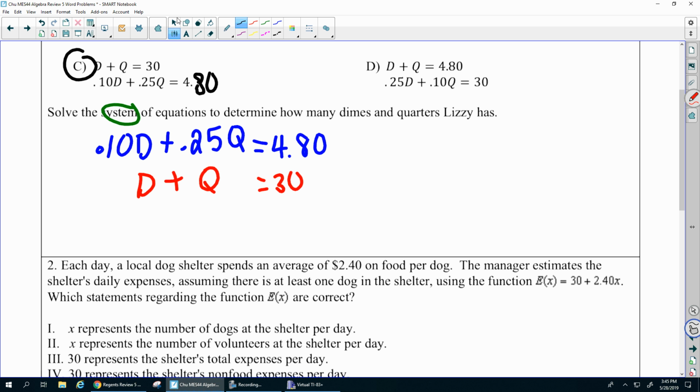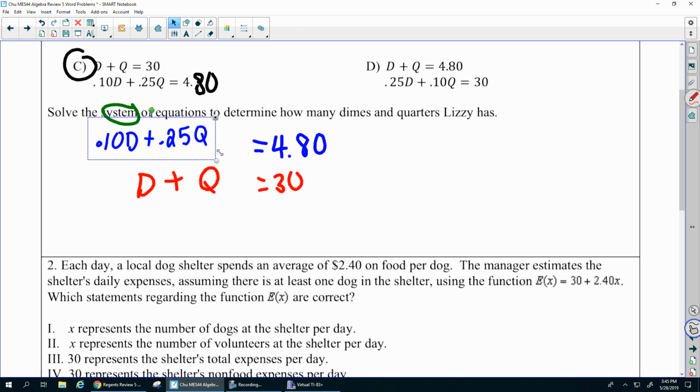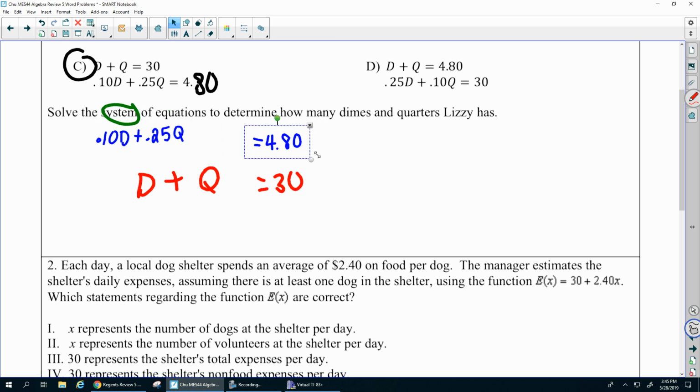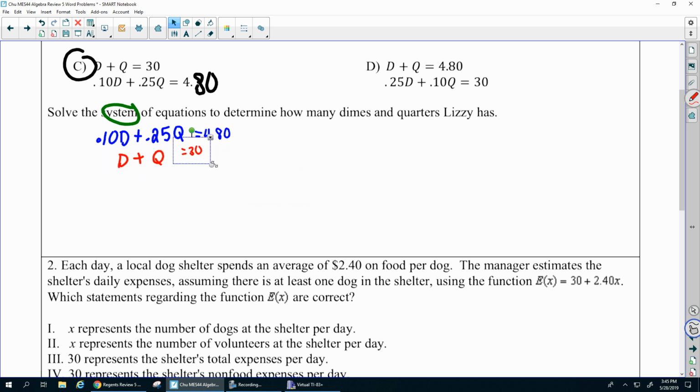All right, to solve our systems of equations, let me make this a little bit smaller. So to solve our systems of equations, if you did the last packet, we need opposite coefficients. So what we're going to do, I'm going to multiply the top by -1, and I'm going to multiply the bottom by 0.10 so that I can get opposite coefficients.